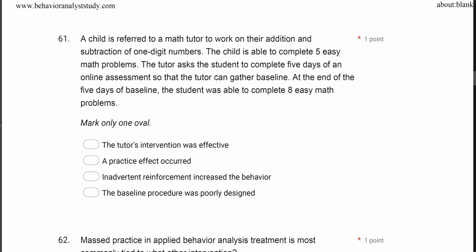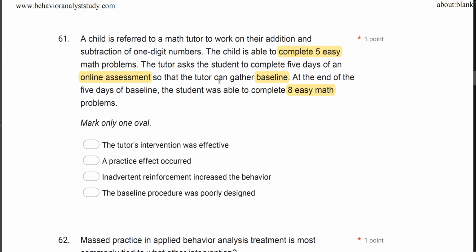Okay. So essentially, if there's no prompt, we just need to figure out what happened in the question. And we know, based on the information given, that this child was referred to a math tutor and they could complete 5 easy math problems. Then the tutor asked them to complete an online assessment for baseline. At the end of baseline, the student can complete 8 math problems. So what do we know?